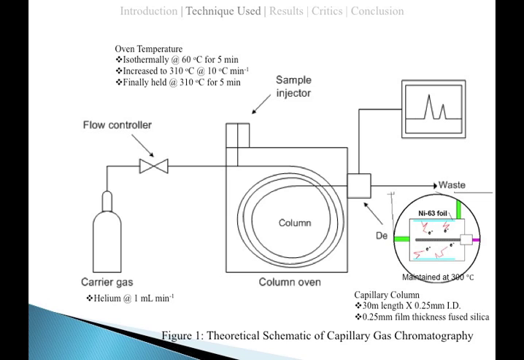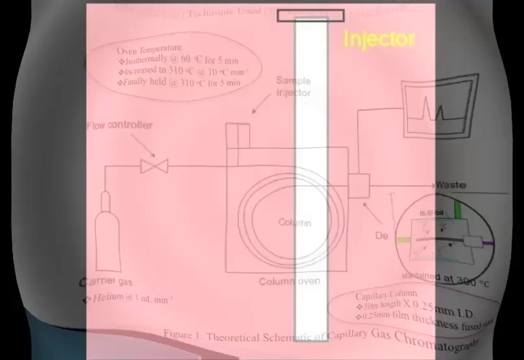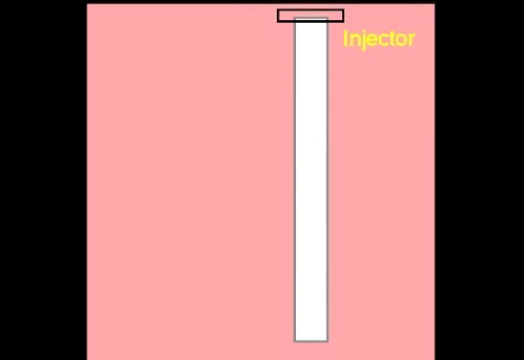For the experiment, the carrier gas, helium, is injected at 1 ml per minute into the oven. Oven conditions are programmed as such. Specifications of the capillary column are as such. To illustrate further what happens in the oven, the sample is introduced into the oven and is carried to the detector.